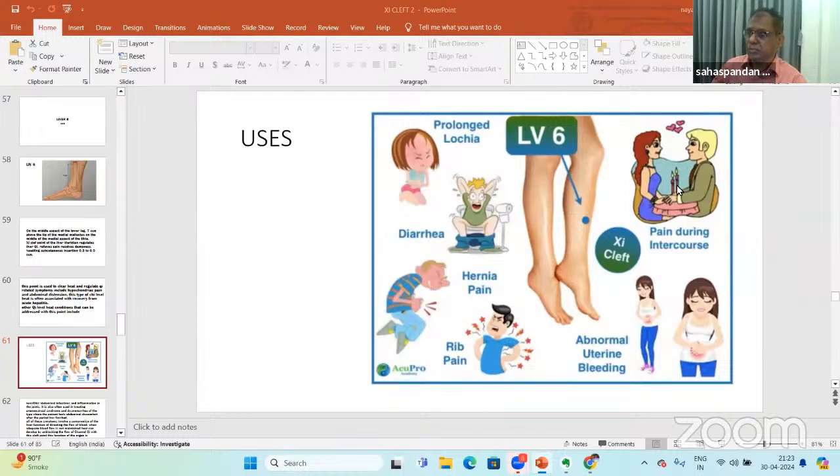This can be used for these symptoms, these indications.